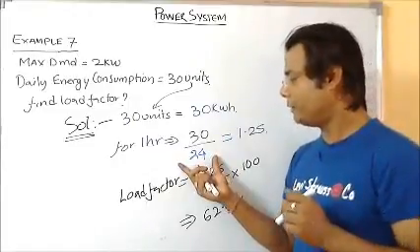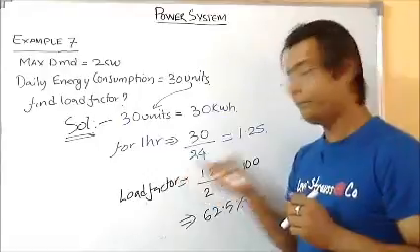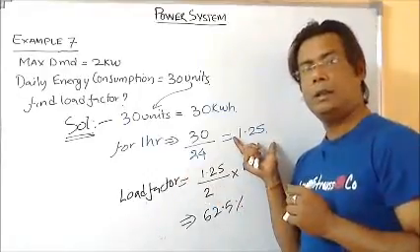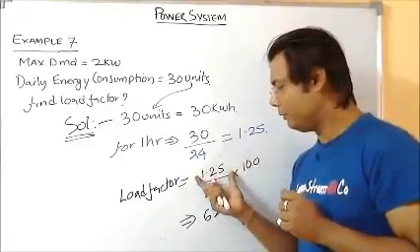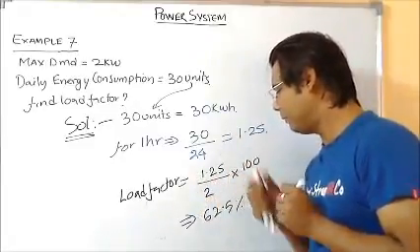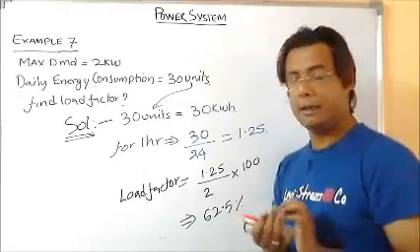First of all we find the average load, which is 30 divided by 24, that is 1.25 kilowatt, the average load of the customer. Then 1.25 divided by 2, into 100%, gives the load factor, that is equal to 62.5%.